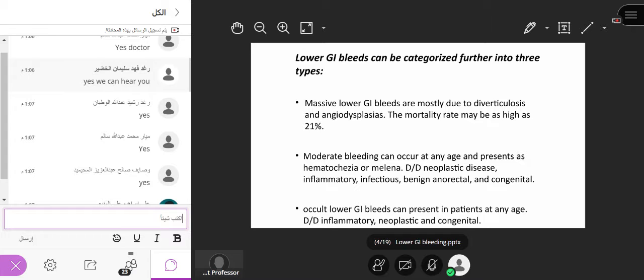Angiodysplasia will lead to massive bleeding. Even carcinoma of the colon, a neoplastic cause, may present with massive bleeding. But usually it is occult bleeding at the time of initial presentation, depending on the progression and stage of the disease.